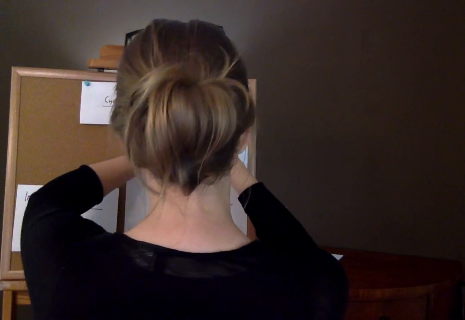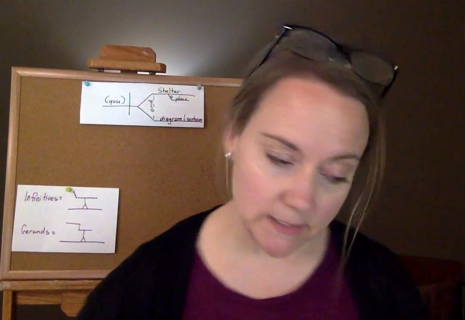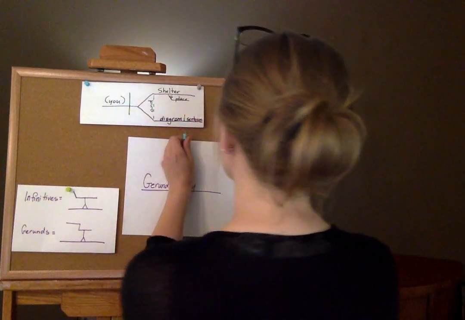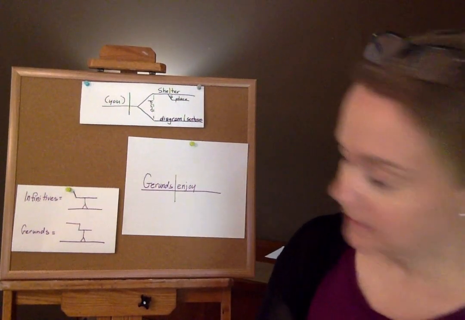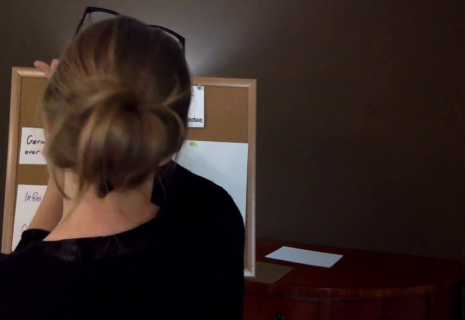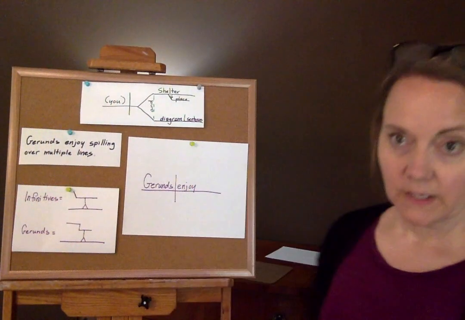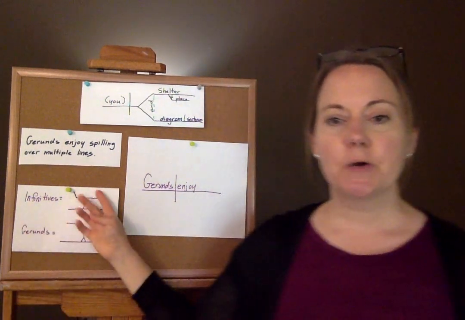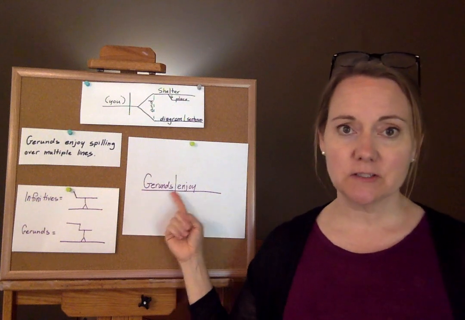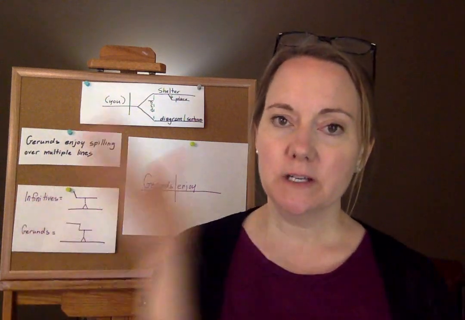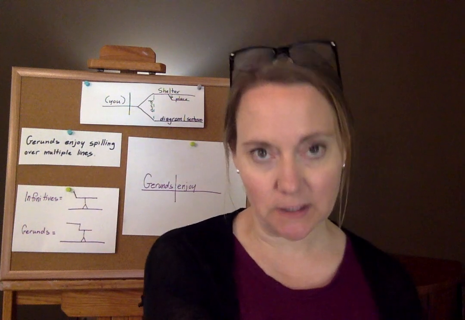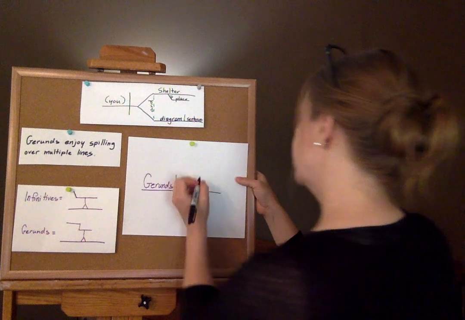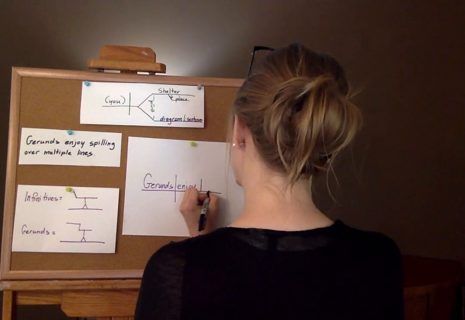The next sentence puts the gerund in the predicate of the sentence. Gerunds enjoy spilling over multiple lines. I just told you this. So here's the subject, gerunds, the verb enjoy. And then what do they enjoy? They enjoy spilling over multiple lines. So spilling is going to be a direct object gerund, on a straight line since it's a direct object.